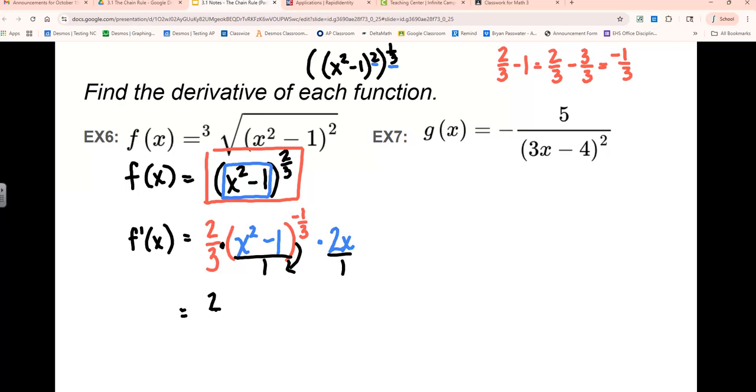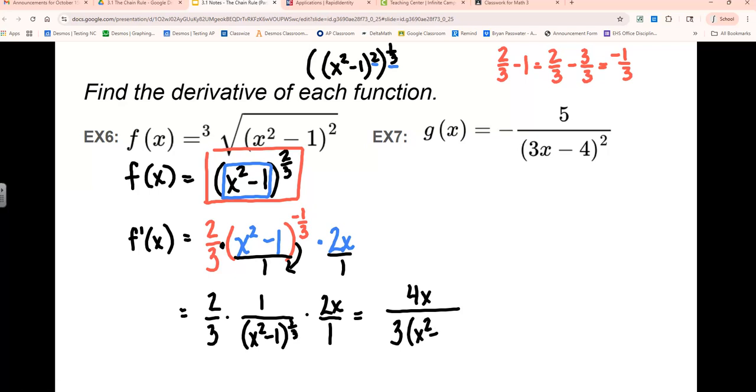That's going to be 2/3 times 1 over (x squared minus 1) to the 1/3, times 2x over 1. And then, when you're multiplying fractions, you're just multiplying straight across. In the top, you're going to get 4x. In the bottom, you'll get 3 times (x squared minus 1) to the 1/3.